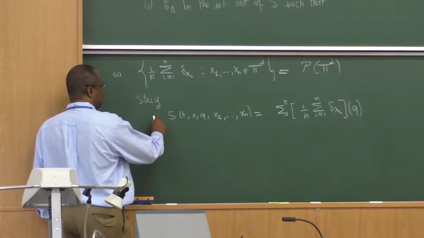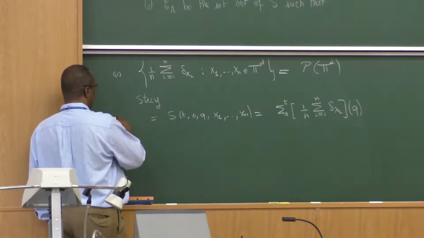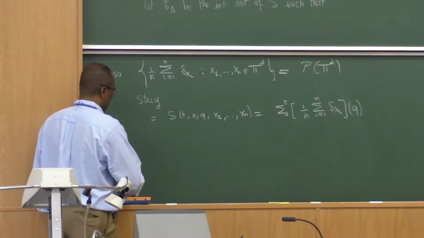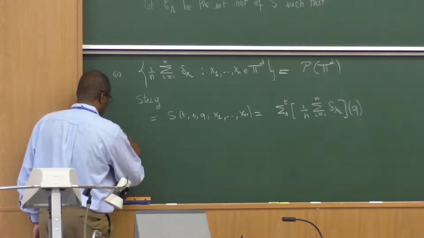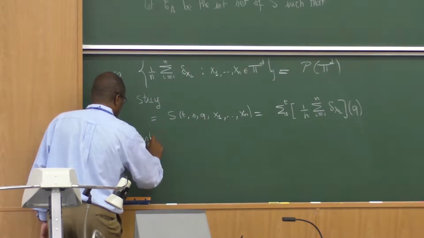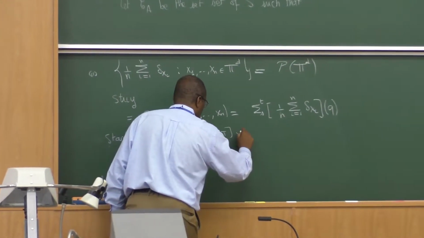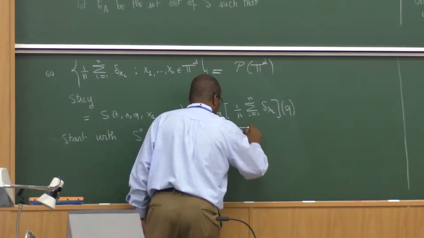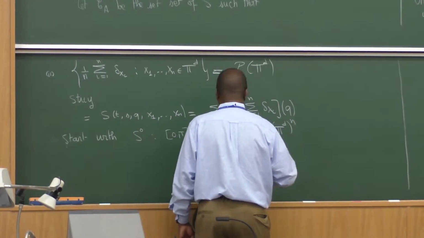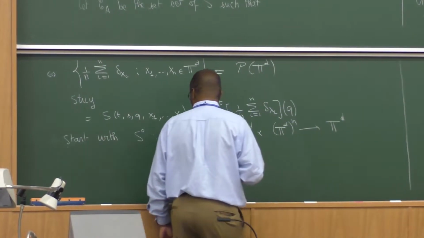Let me write this of the form S of T, defined inductively, starts with S naught from 0,T cross 0,T cross the torus cross the torus to the power n into the torus to the power of the dimension of the torus.